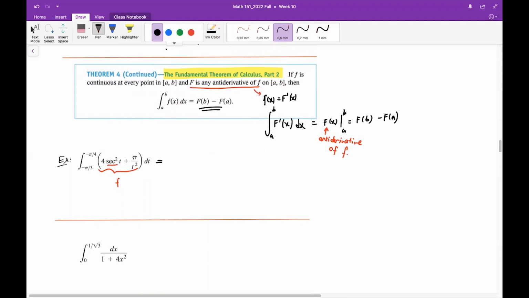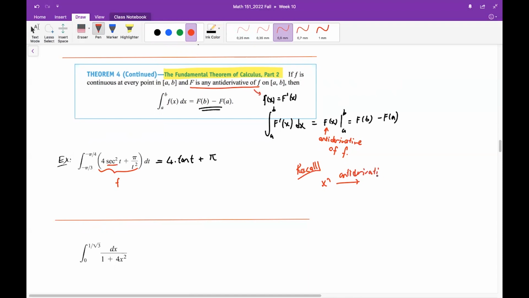You should tell me something whose derivative is secant square. So that function is tangent t, or just a constant multiple of it. And then pi times, what is the antiderivative of t to the minus 2? You know how to take antiderivatives of power functions. Maybe I can put a recall here. We gave the antiderivative rule for power functions in the previous sections.